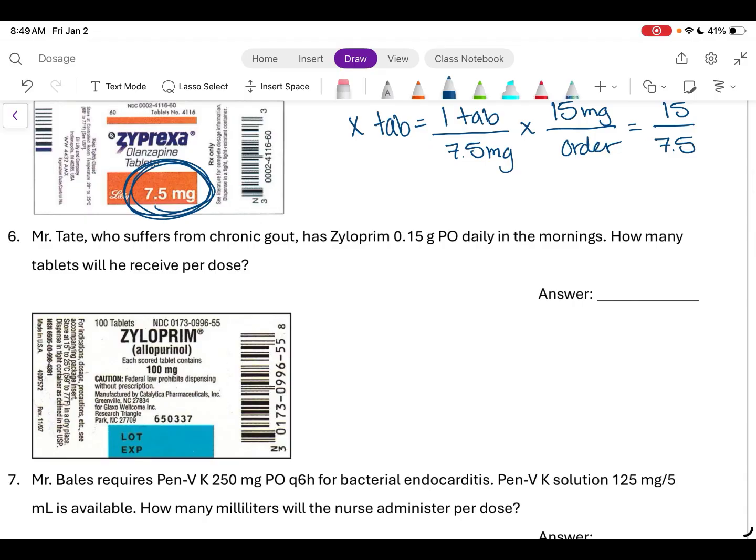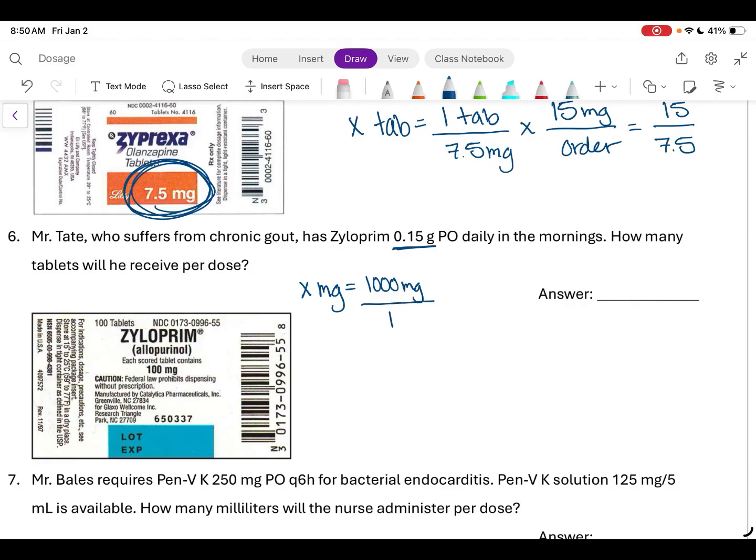All right, number 6. Mr. Tate, who suffers from chronic gout, has Xyloprim 0.15 grams PO daily in the mornings. How many tablets will he receive per dose? Again, this is in grams. I don't like it, so I'm probably going to convert it right away. I want it in milligrams. I'm looking at my conversion sheet.